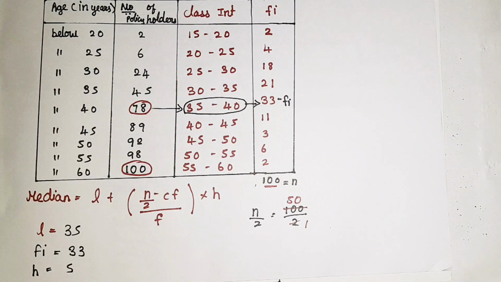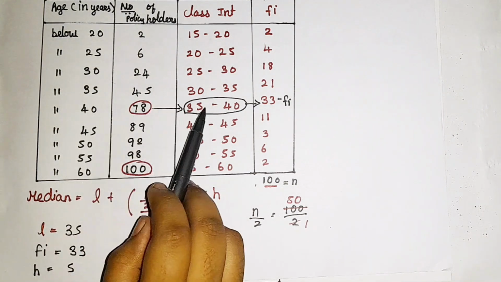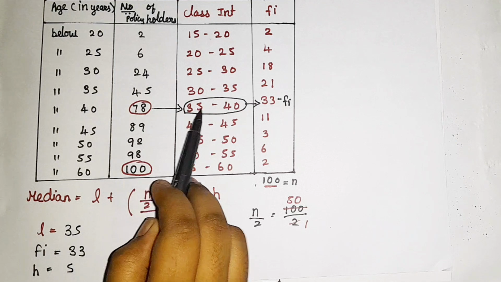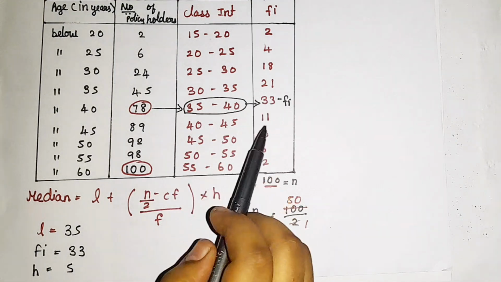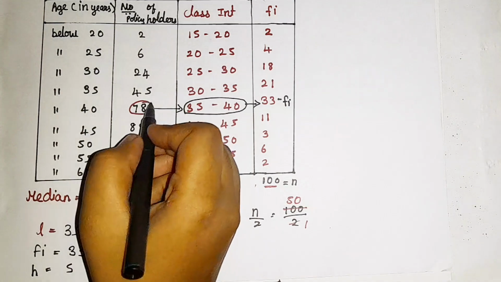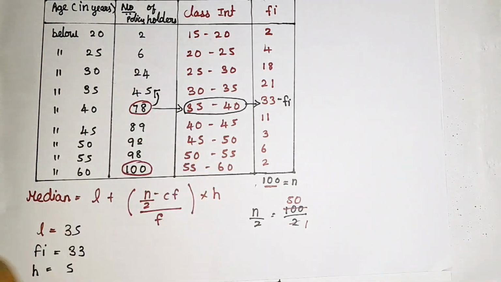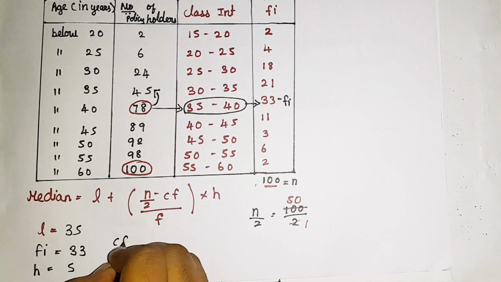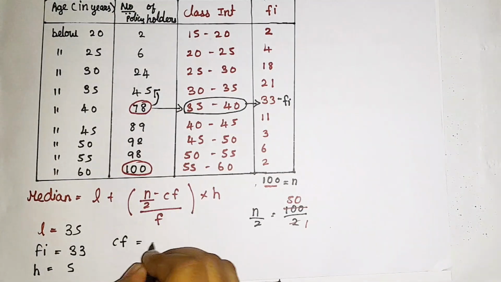Since the greatest value is 78, we marked it, and when you come straight, we got the lower limit value, and when you keep straight, you get the Fi value, that is the frequency. It is literally easy to find the cumulative frequency: you are supposed to take the previous number of this particular number. The previous number is 45.